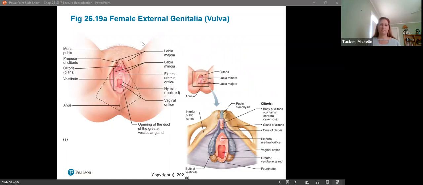So should be somewhat familiar with their location, the mons pubis, the labia majora, labia minora. This is the vestibule containing both the external urethral orifice as well as the opening to the vagina. And then there are bulbs and glands for mucus, the glands.